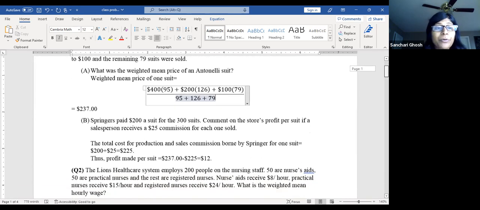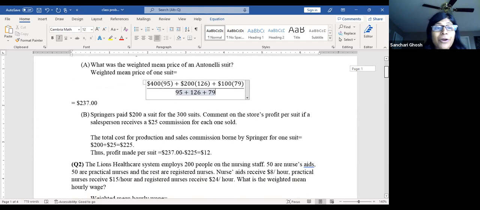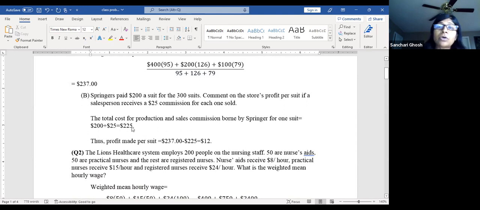The neat part of the problem is also here, part B. Springer's pays $200 a suit for the 300 suits. Comment on the store's profit per suit if the salesperson receives a $25 commission for each one sold. So what would be the total cost given the salesperson's commission? It would be the $200 plus the $25 commission, so $225, the whole cost for selling it, and then the profit would be the weighted average minus the 225.